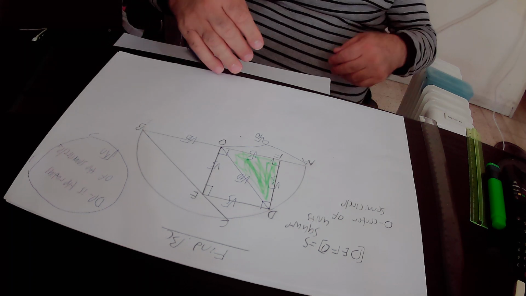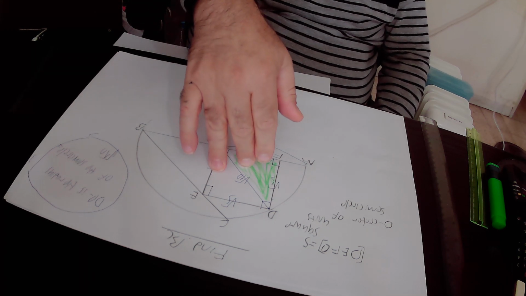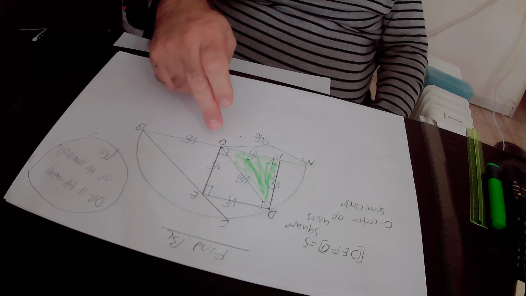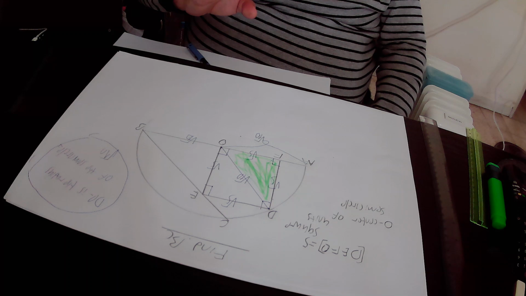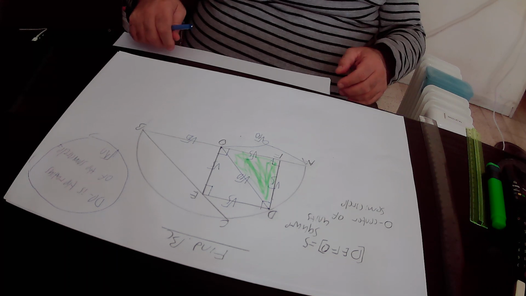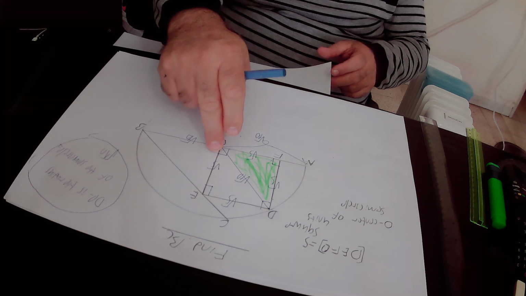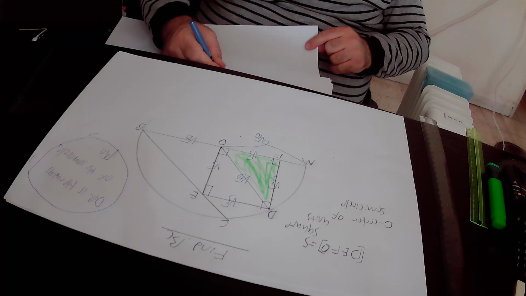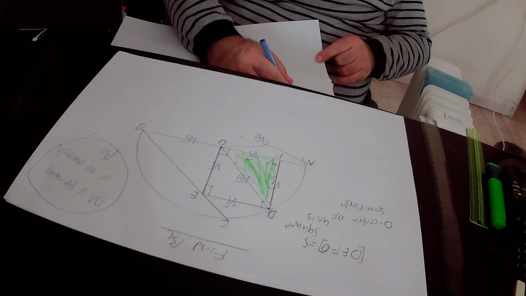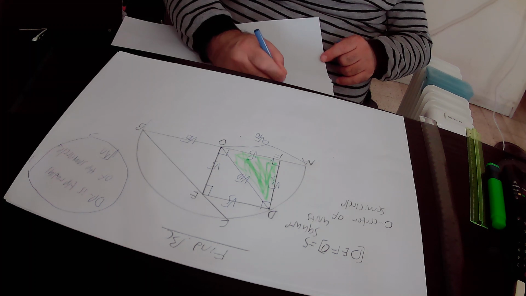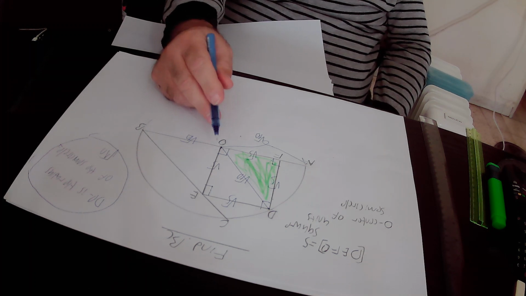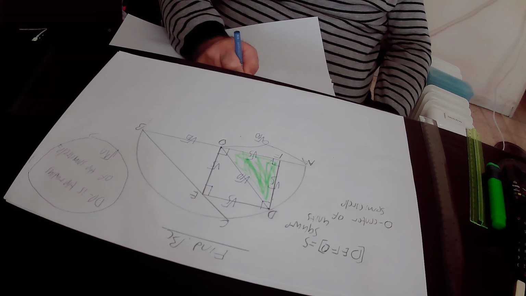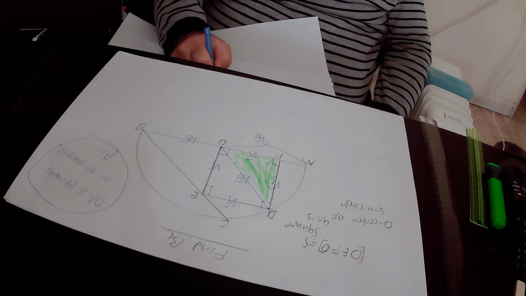Okay, so if we focus on the upper side of the straight line AB at point O, the sum of the angles must be equal to 180 degrees. So which angles do we have at the upper side of AB at point O? We have this angle that is equal to 90 degrees, plus the missing angle that is actually angle EOB. In total, the sum of those two angles must be equal to 180 degrees according to rule number 1.